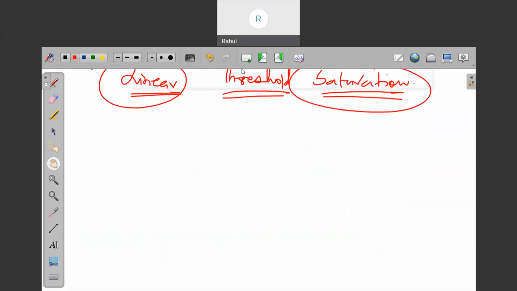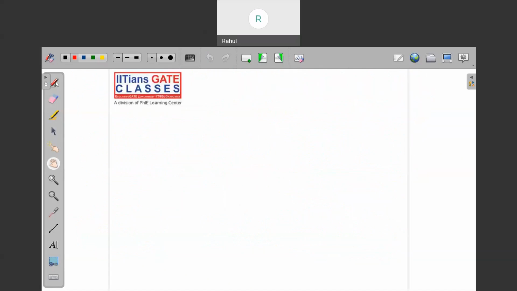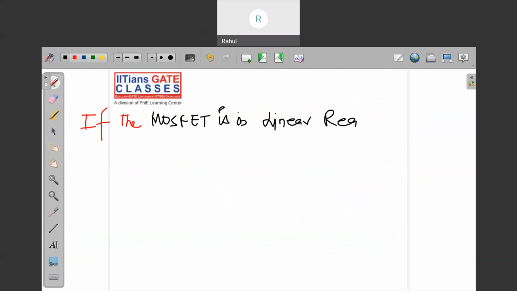If the MOSFET is in linear region, then the ID will be, what are the conditions?